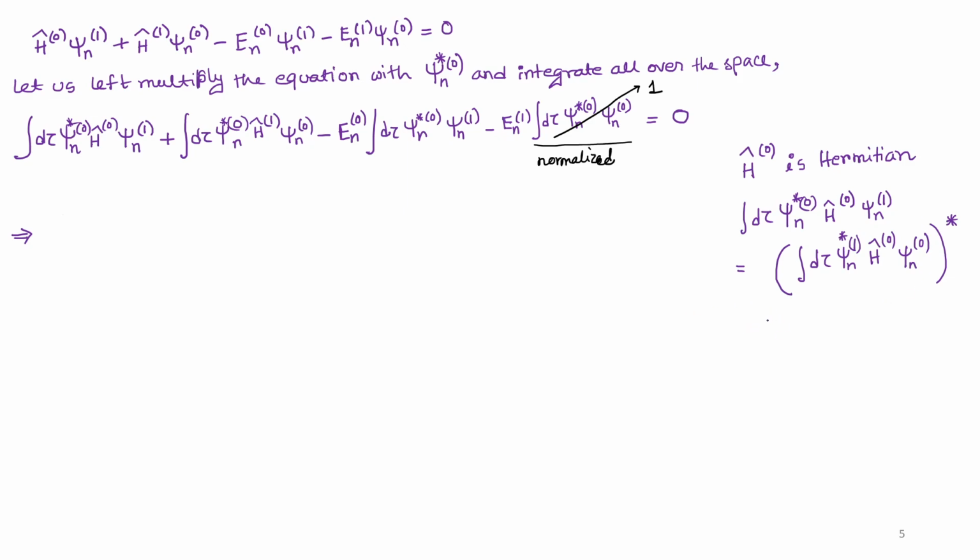And then we will see that this operator cannot work on psi 1. This is not an eigenfunction of the H naught operator, but psi 0 is an eigenfunction of this unperturbed Hamiltonian, right? So it will give me En 0th, right?